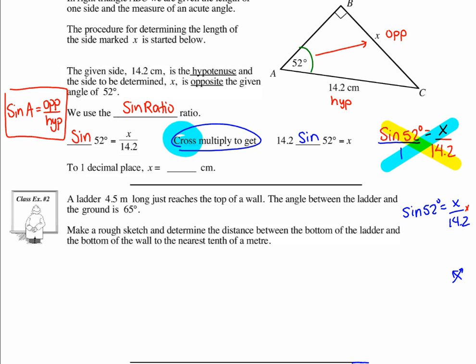Multiply both sides by 14.2, and then these cancel. That's usually what we like to move away from cross multiplying, especially in high school. There are a lot of cases where it's not going to work, especially once you get to grade 11. And so we like to learn how to properly manipulate a formula, we call it. Okay, so let's type that in.